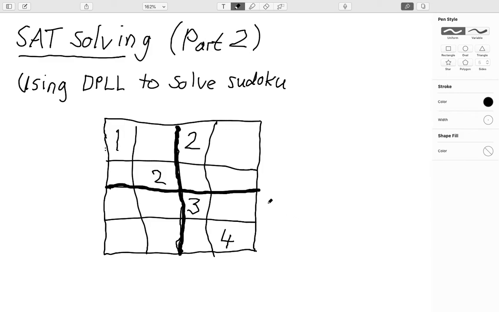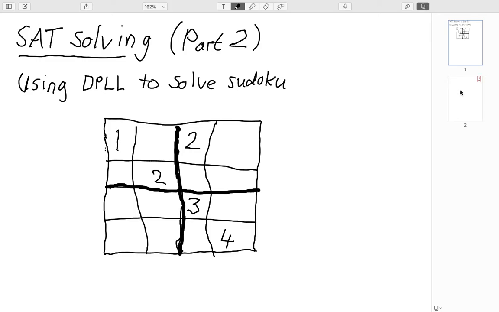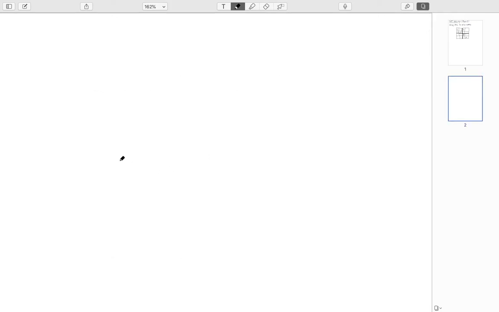The first thing I want to show you here is how we can code up the Sudoku puzzle as a satisfiability problem. So let's go to a fresh page. Right, so we're going to code it up as a satisfiability problem.